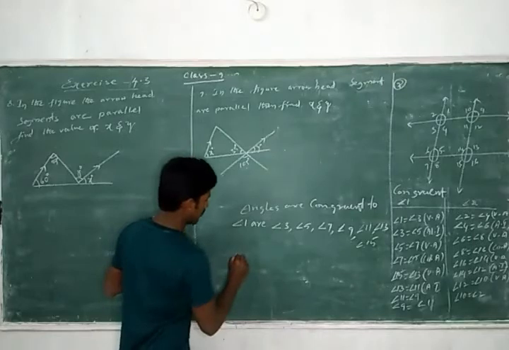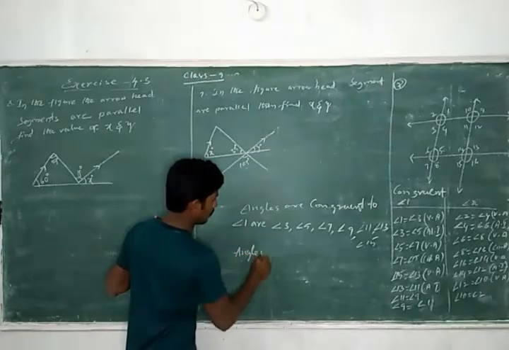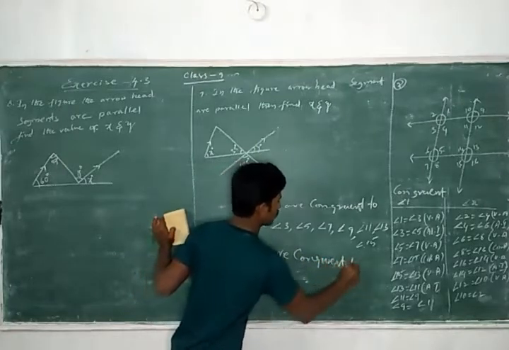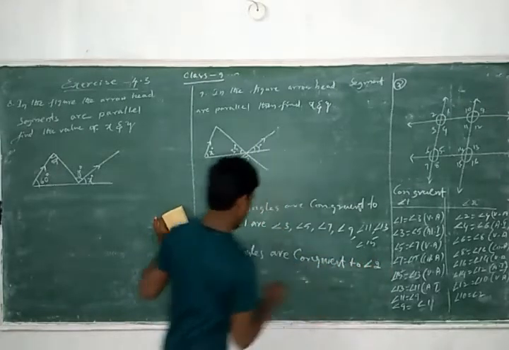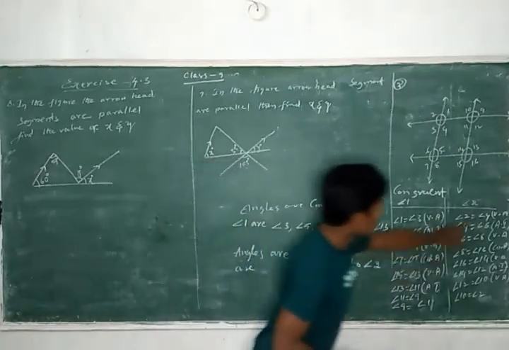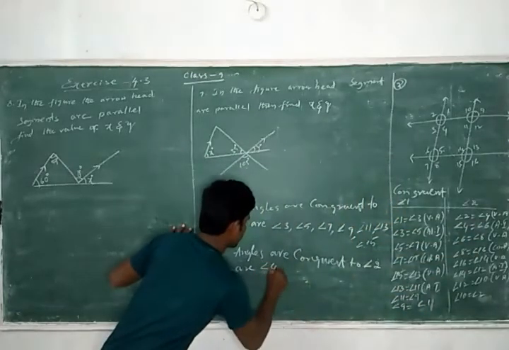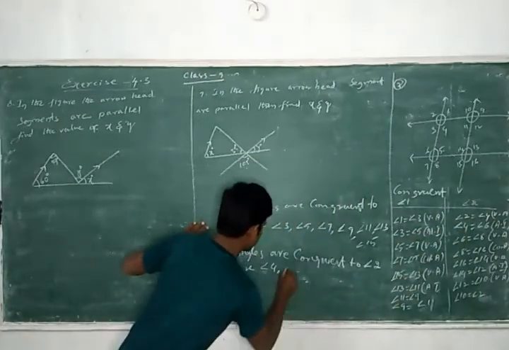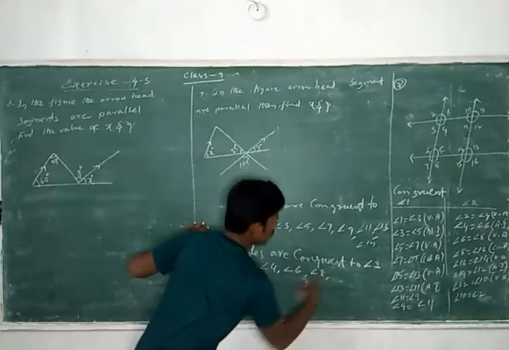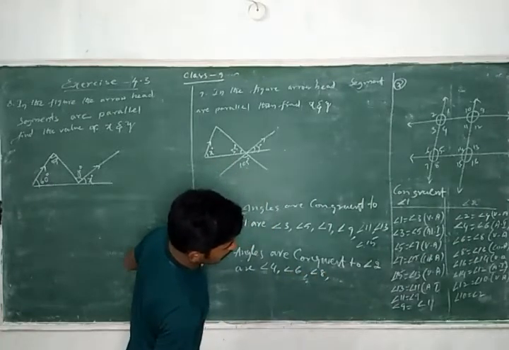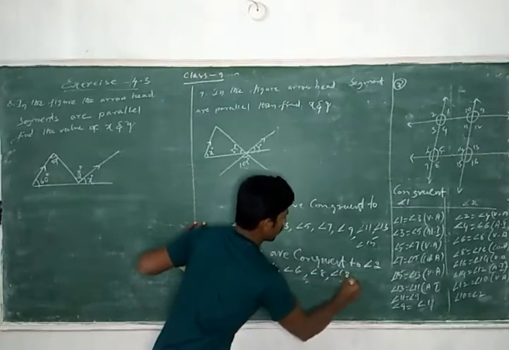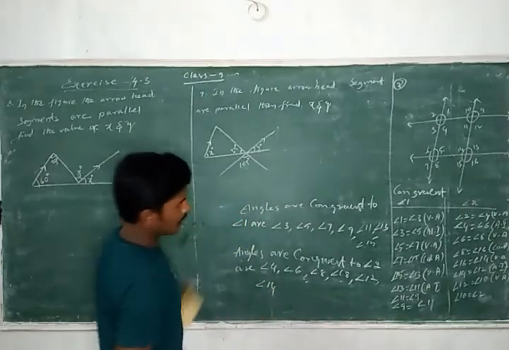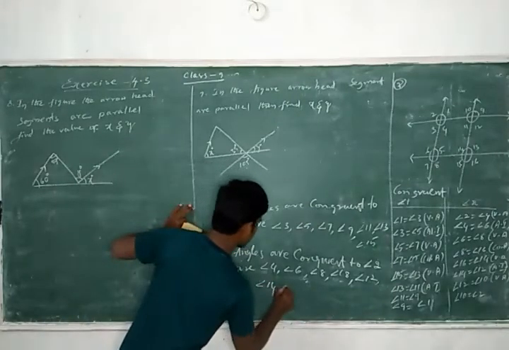In the same way, the angles congruent to angle 2 are angle 4, angle 6, angle 8, angle 10, angle 12, angle 14, and angle 16.